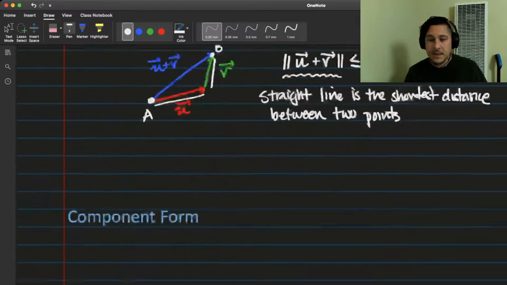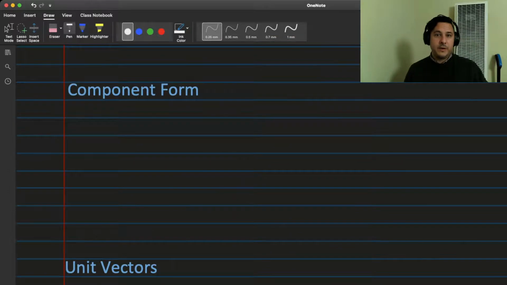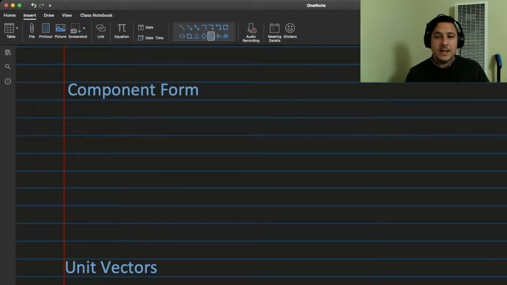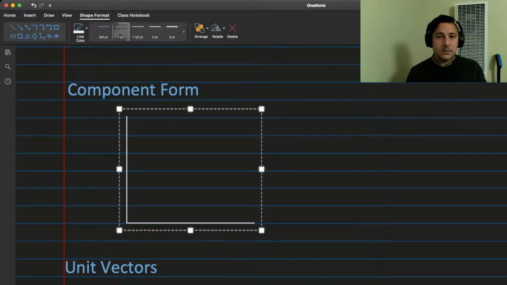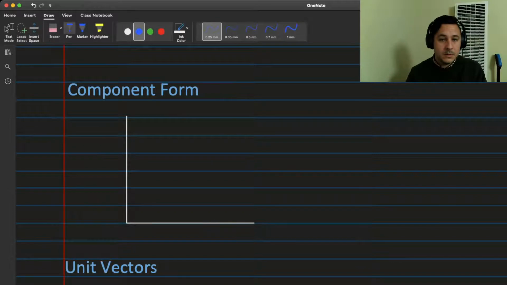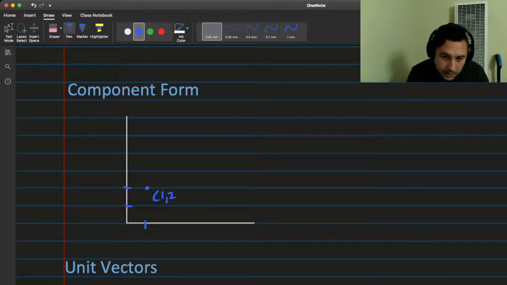So let's talk about something called vector components or component form. The easy way to think about this is by looking at two equivalent vectors. So let's look at the vector which starts at (1, 2) and ends at (2, 3).